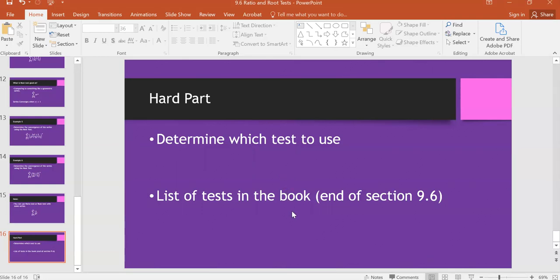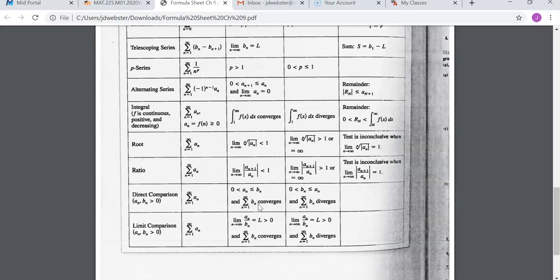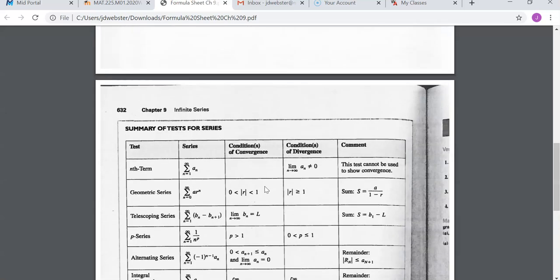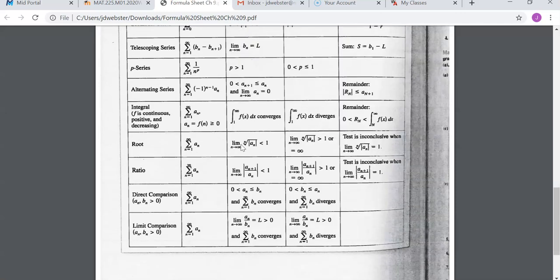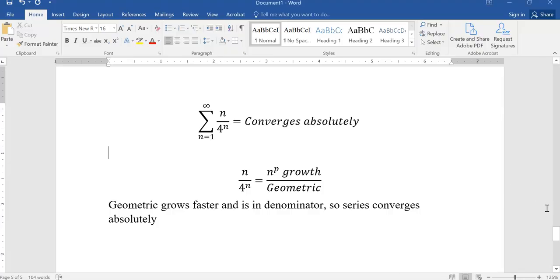Now again, you'll have these things to look at, but I do want to be very clear that I'm not going to ask you to compute this limit by hand or this limit by hand. I want you to understand what the ratio and the root tests are doing, what the comparison tests are actually doing.